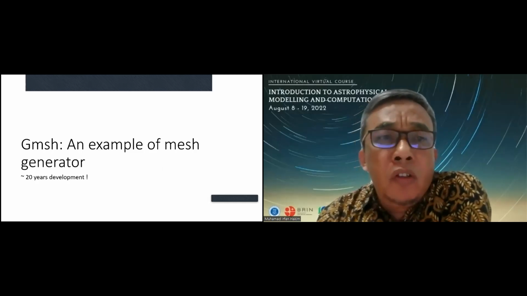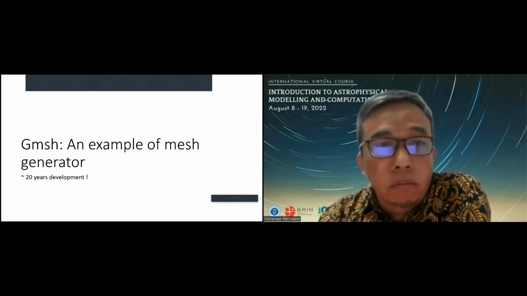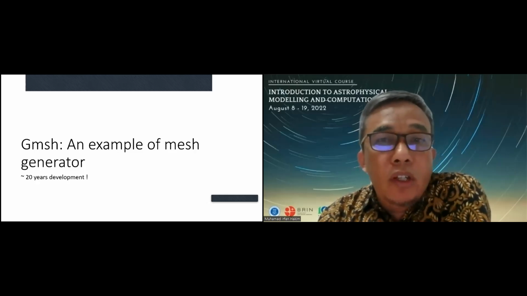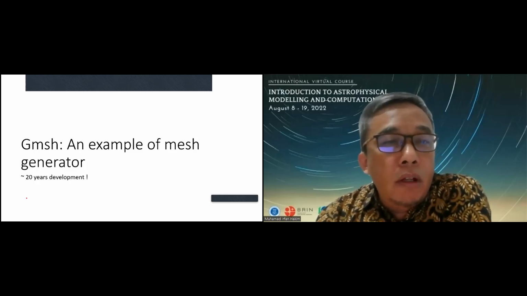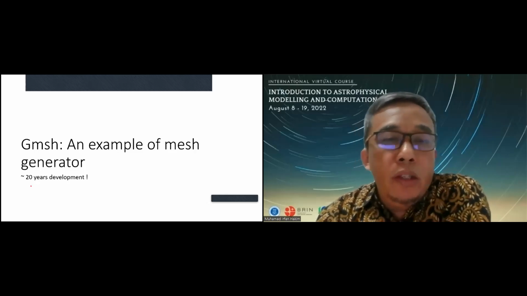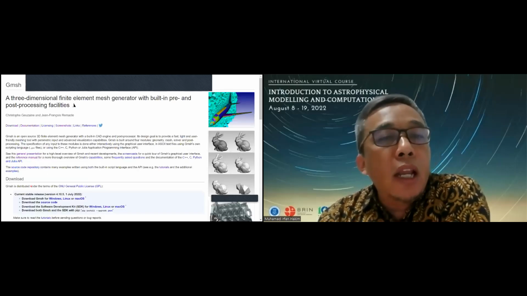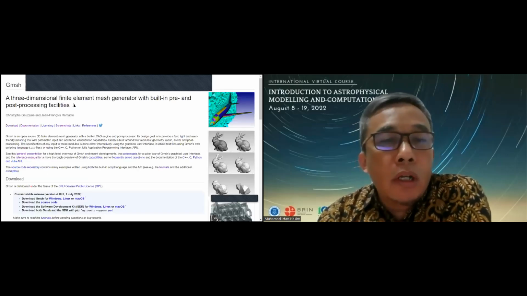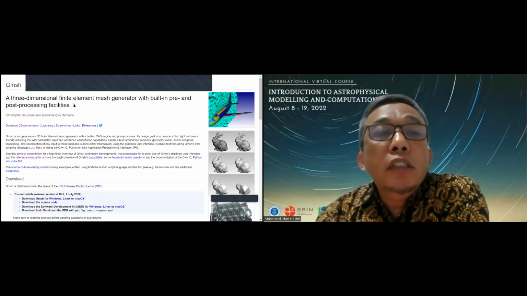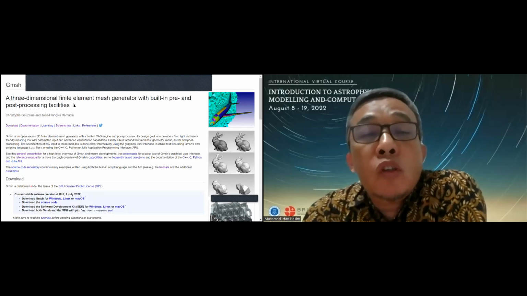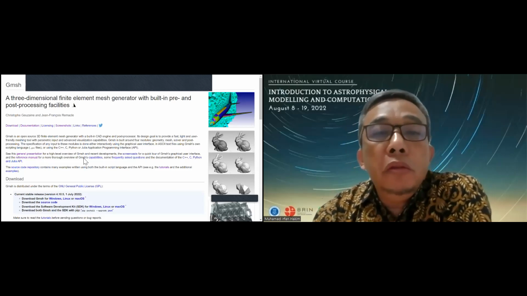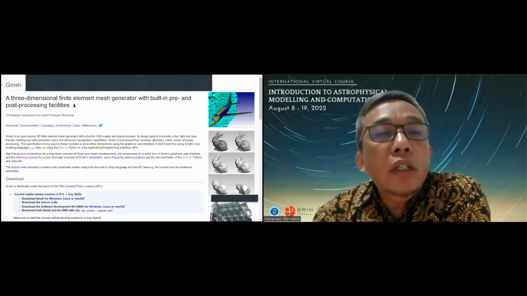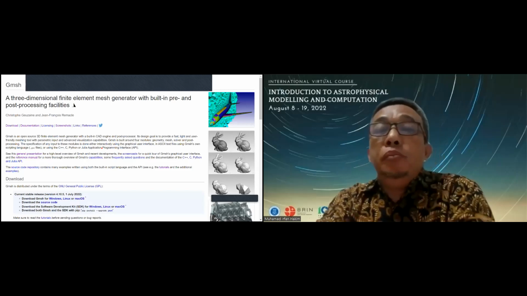Yeah, I will introduce some mesh generators, for example, GMSH. It has had 20 years of development, and now it is delivered to a smartphone, so it becomes more intuitive.